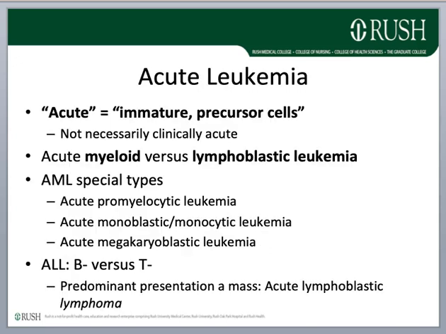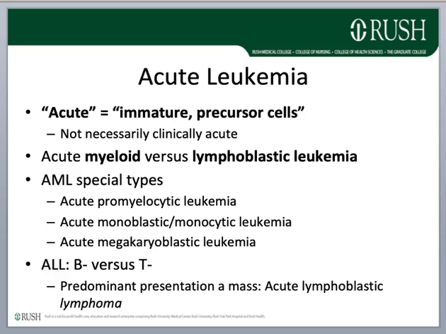All right, so that's enough about acute leukemia. Let's just briefly recap. Acute means immature precursor cells, not necessarily clinically acute. We can distinguish between acute myeloid versus lymphoblastic leukemias. There's a couple special types of AML that have some characteristic clinical and/or molecular and morphological features.